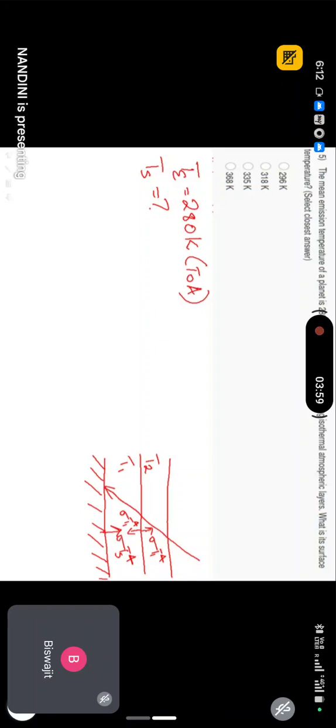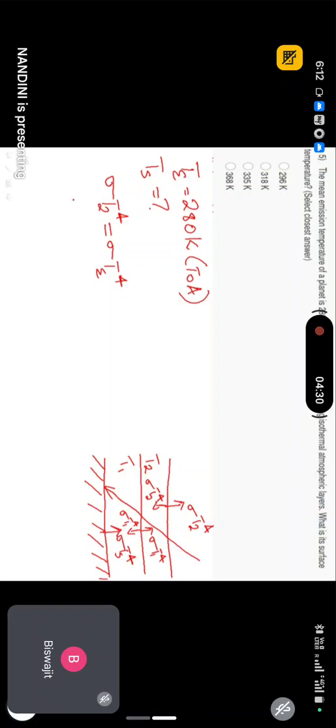After absorbing this radiation, the second layer will again re-emit radiation in both directions, given by sigma T2 raised to 4 and sigma T2 raised to 4. The radiation emitted from the top of the atmosphere, sigma T2 raised to 4, will be equal to sigma TE raised to 4, where TE is the emission temperature.